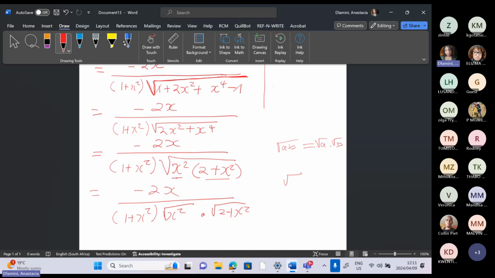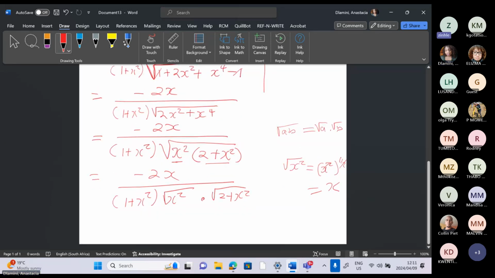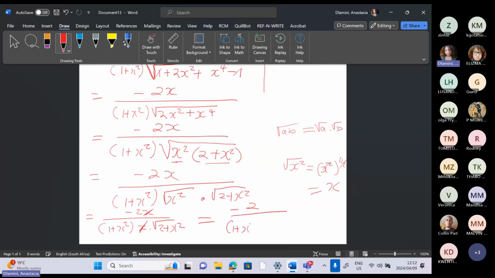And we know that the square root of x squared is x squared to the power of half, so this will be equal to x. So this is equal to minus 2x over 1 plus x squared, x times the square root of 2 plus x squared. Then this x cancels. They do not cancel, they form a 1. So this is minus 2 over 1 plus x squared, square root of x squared plus 2.